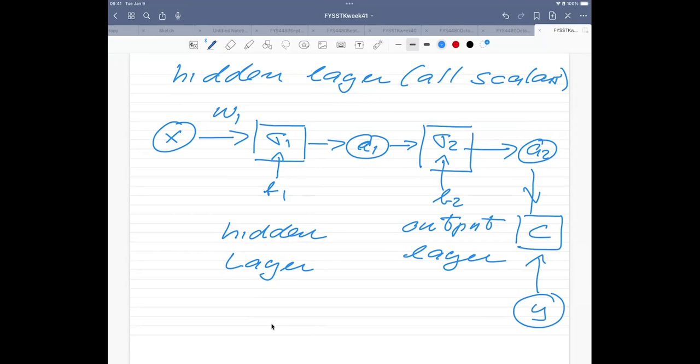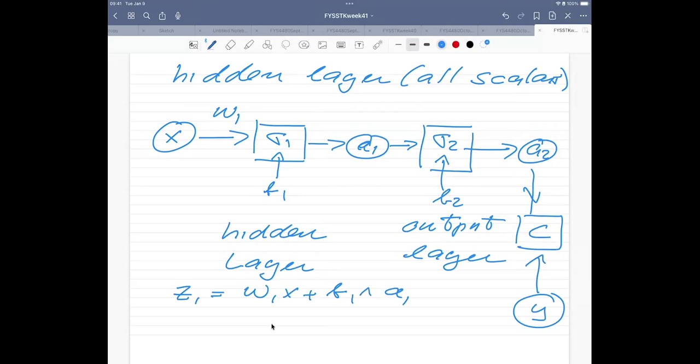So now I have an output layer which produces A2 as the output of my model. But then some magic happens inside here, where we have more flexibility to adjust parameters and bring in nonlinearities. So I'm going to stay with a simple model. I'm going to say that Z1 is omega 1 times X plus B1.